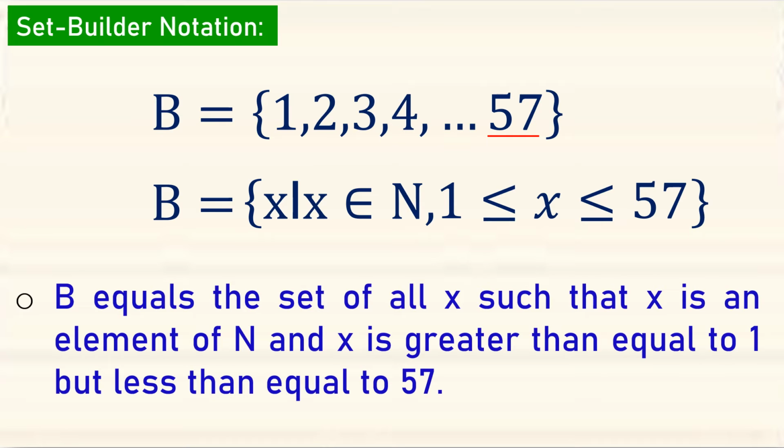We can read this as B equals the set of all x such that x is an element of n and x is greater than or equal to 1 but less than or equal to 57. So we can read this as x is greater than or equal to 1 and but less than or equal to 57. It is really very important that students can read the symbols.